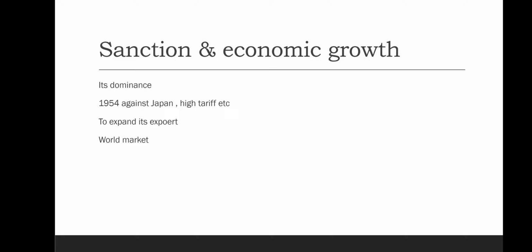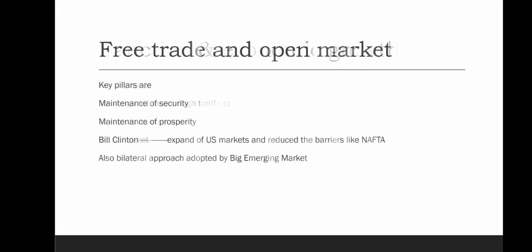So in 1954, it utilized them against Japan, and then wanted to expand and export its access to the world market by the utilization of these important techniques or tools. So it also promoted free trade and open market.